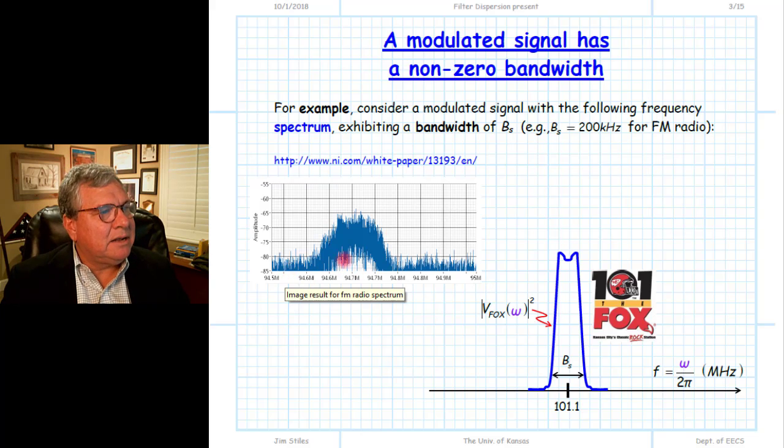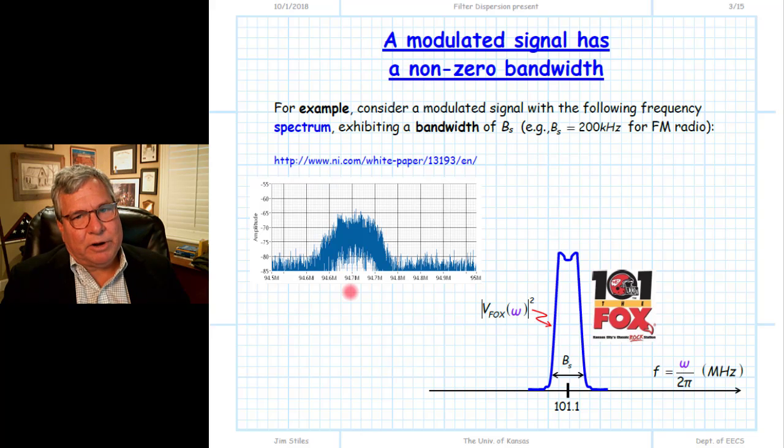What we see is that the energy peaks at about 94.7. And that is the center frequency. That is the carrier frequency of an FM radio station. So the FM radio station would probably advertise itself as being at 94.7 on the FM dial.